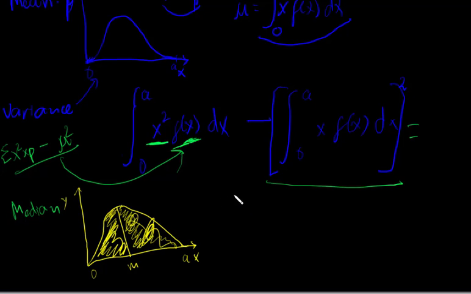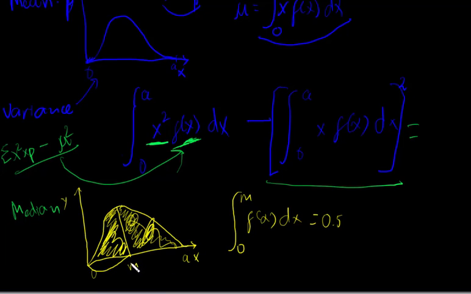When we integrate the probabilities, f of x dx, if we look to get the area under 0 to m, this should be equal to 0.5, because the probability from 0 to m is this area, which is equal to half of the area from 0 to a.